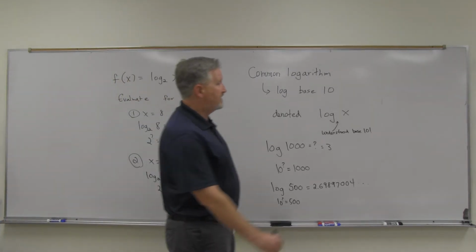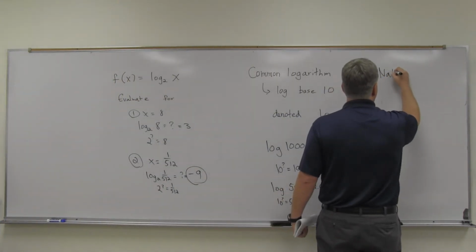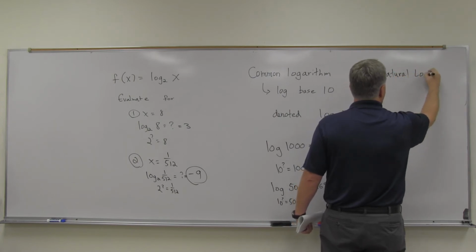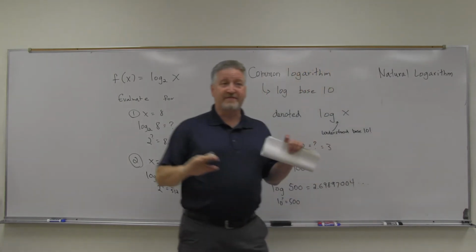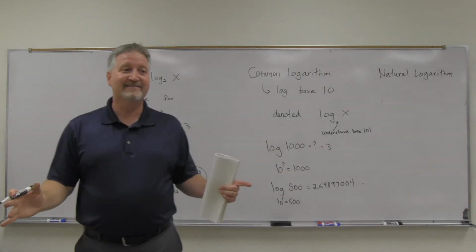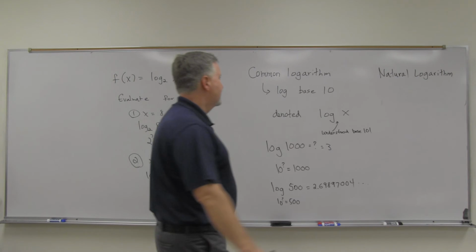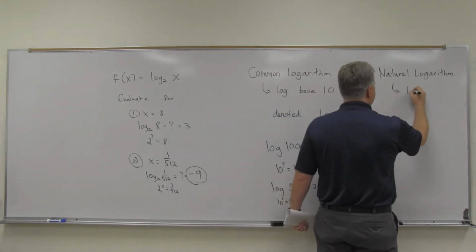Also, we have the natural logarithm. If you remember, we talked about the natural base. What was the natural base? It was base e. Natural logarithm is logarithm base e.